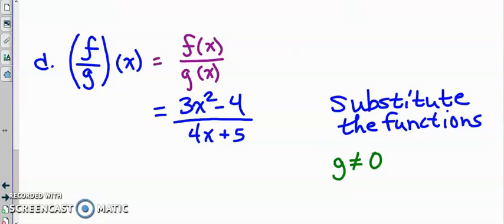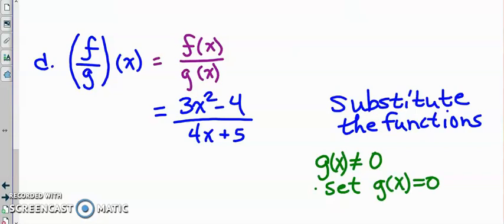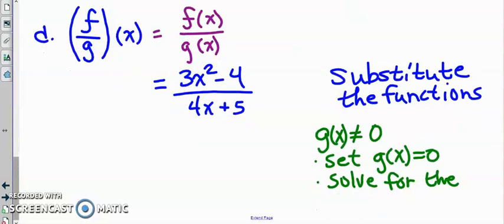To find out what that is, we have to set g of x equal to 0 and then solve for the variable. That's going to tell us what part of the domain we cannot have. In other words, what x cannot equal for this, because it'll make it an undefined function, which we cannot have.